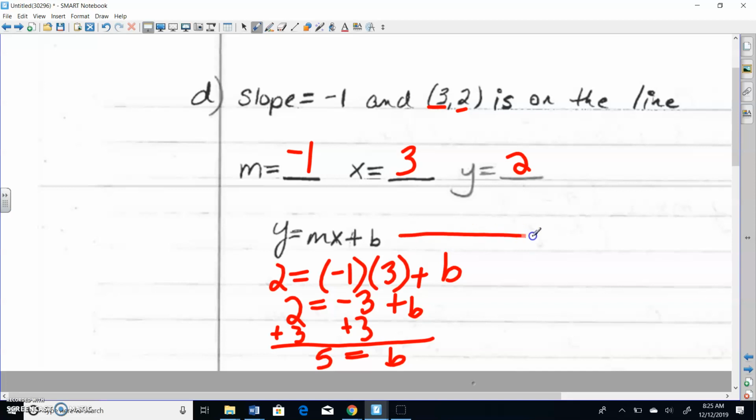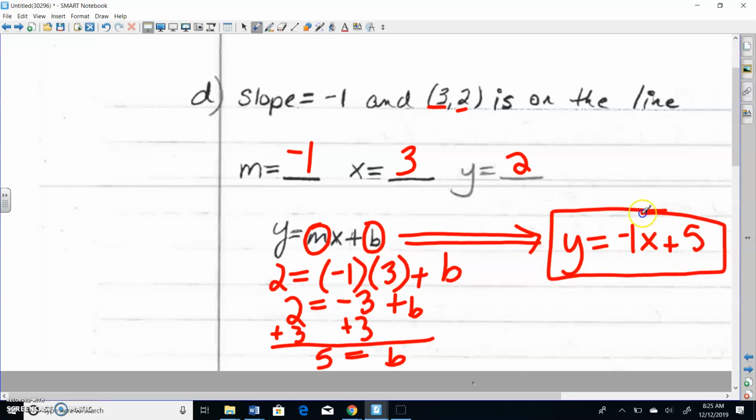Now I can come back up here and plug in what I know for the slope and the y-intercept, and I'll have my equation. I'm going to rewrite this as y equals -1x plus 5. And there's the equation of the line in slope-intercept form that has a slope of -1 and goes through the point (3, 2).